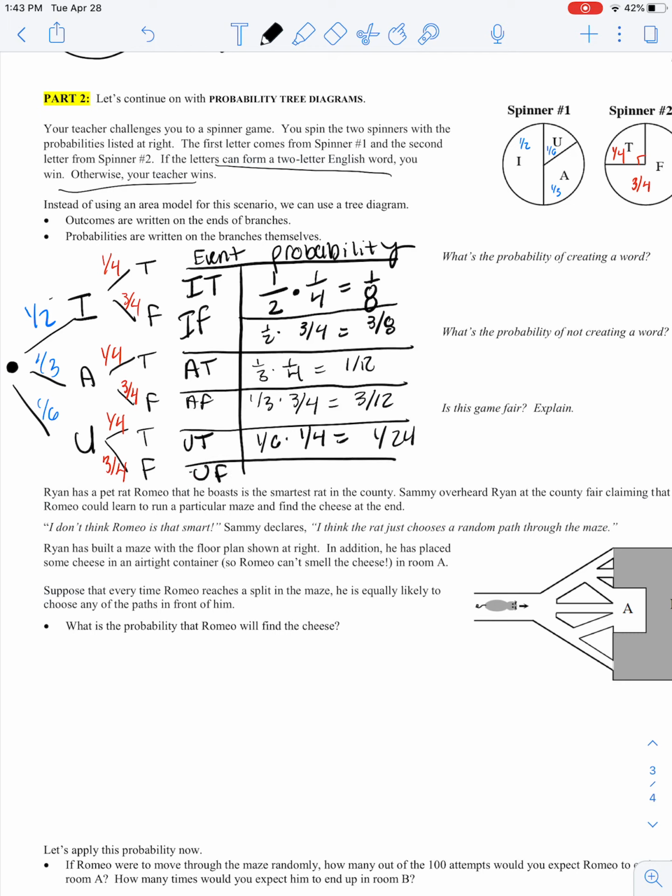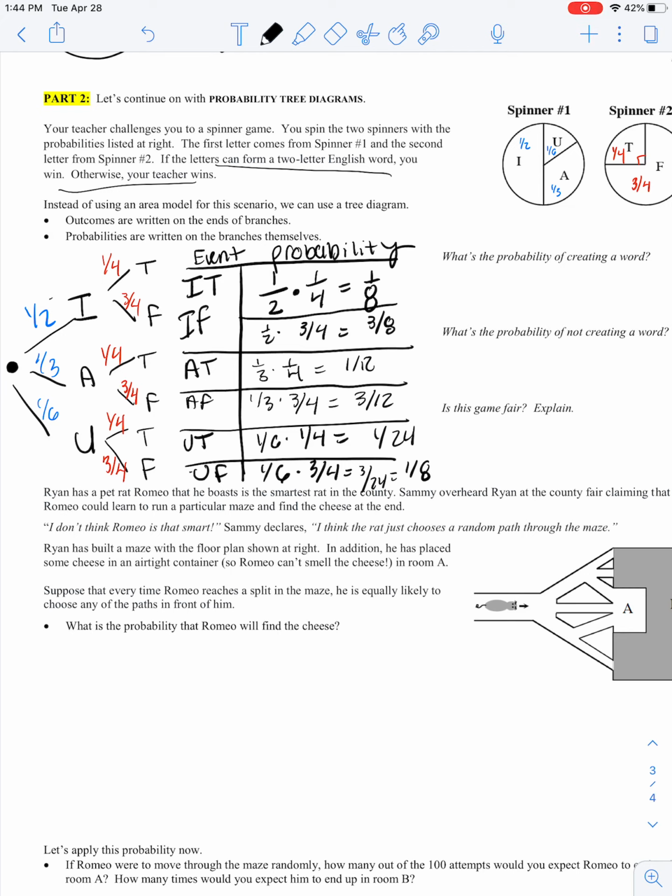Last but not least, a UF, spinning a U, then spinning an F, 1/6 times 3/4, which is equal to 3/24, which equals 1/8. Now something to remember is that these all must add up to 1. So the total must always add up to 1 for all the possible outcomes.